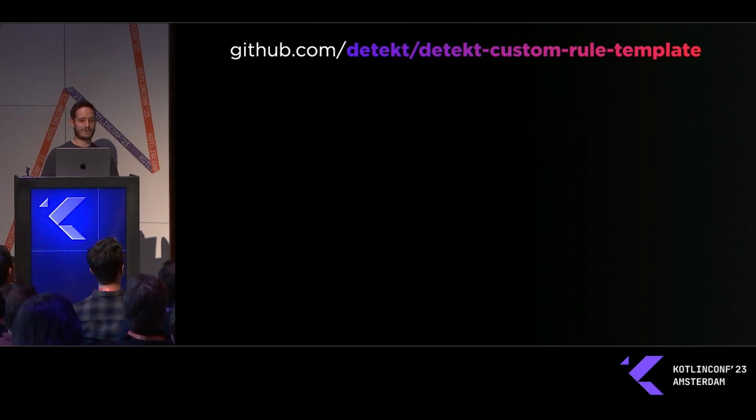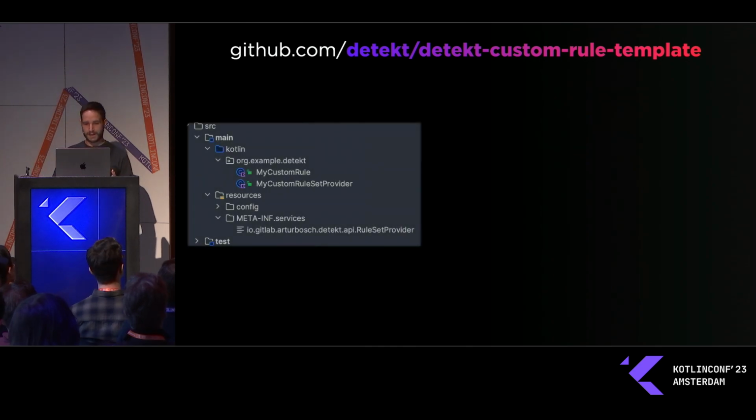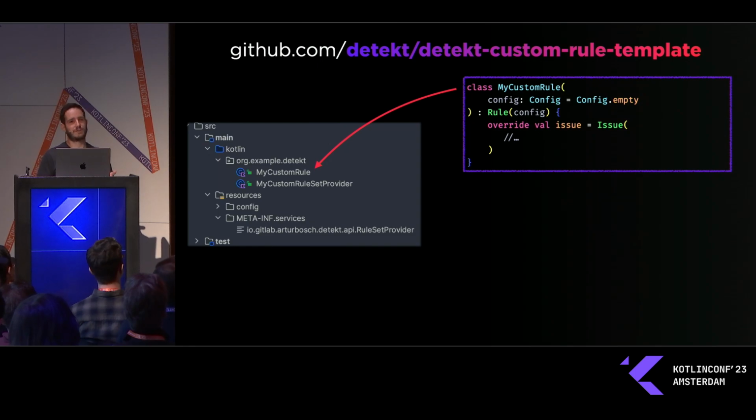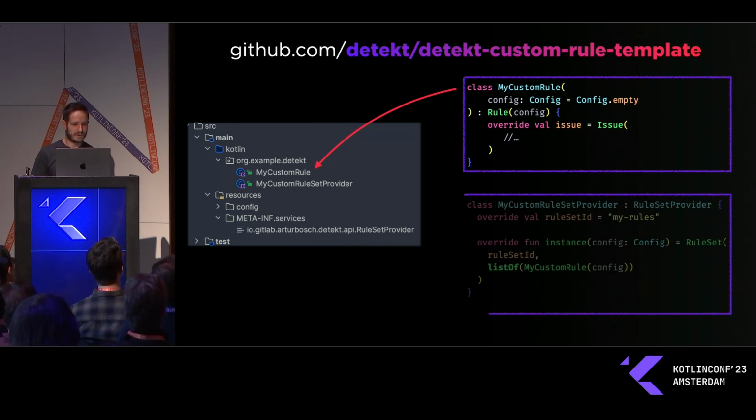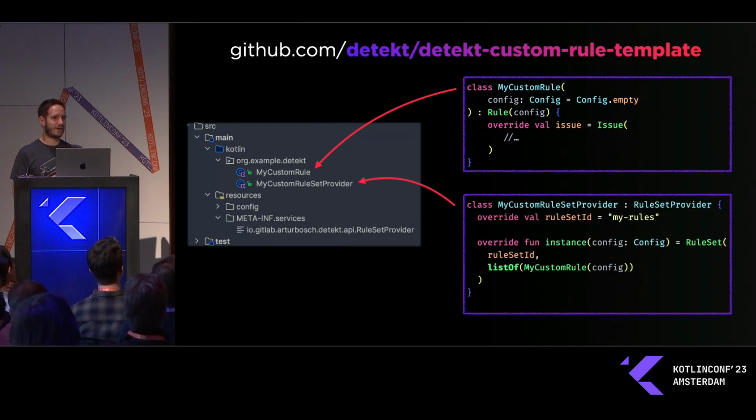Here we got you covered, because recently we created our custom rule template. It's a repository, which is actually a GitHub template that you can use to create a new rule immediately, and be ready out of the box. You effectively need to create 3 files, which are the rule, so the logic of the inspection, and the rule set provider, which is the collection of all the rules you want to expose, and we'll create a new rule set like the one I showed you before.